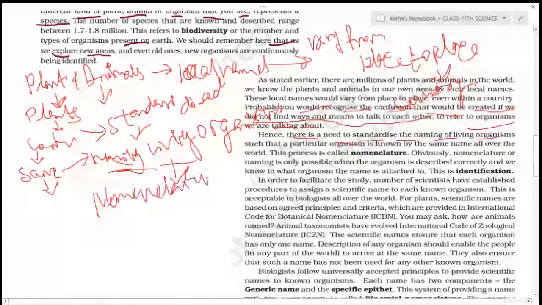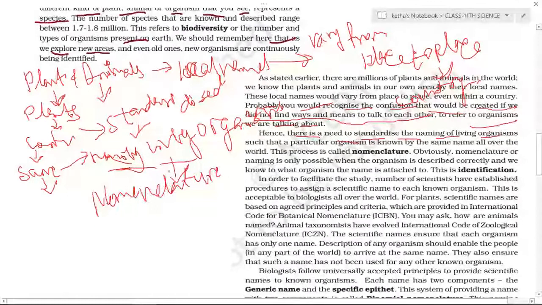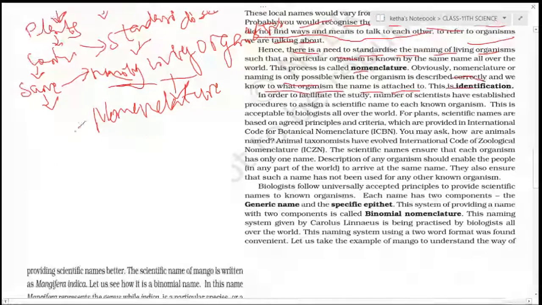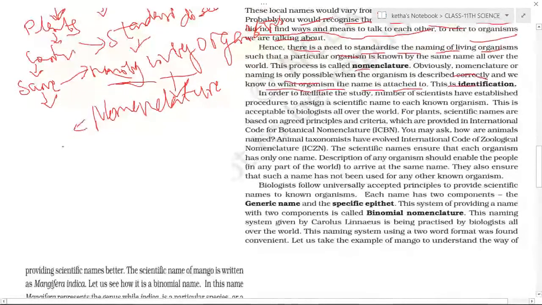Obviously, nomenclature or naming is only possible when the organism is described correctly, and we know which organism the name is attached to. This is called identification. So in nomenclature, we have to describe the organism correctly, under which organism the name is going to attach.